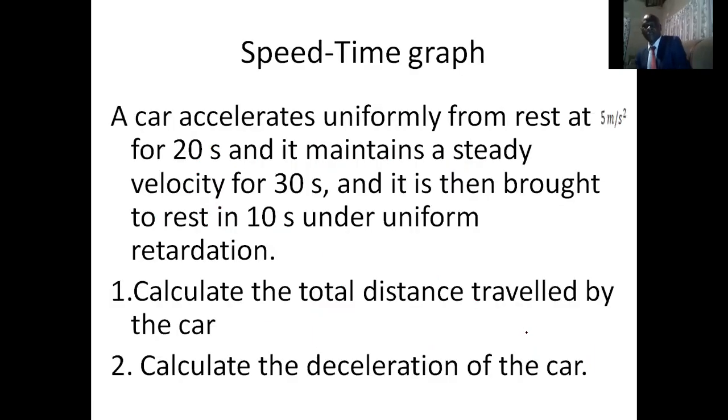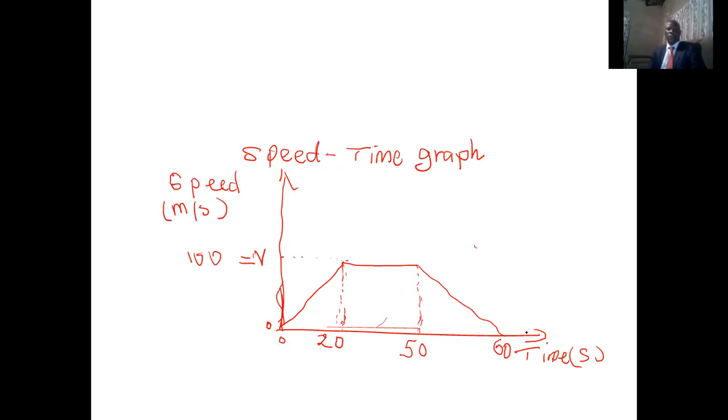The first part of the question asks, can we find the total distance traveled by the car? We said earlier that on a speed time graph, the distance covered is equal to the area under the curve.